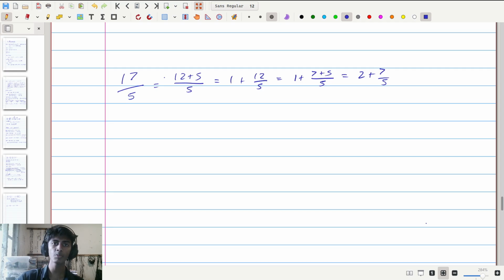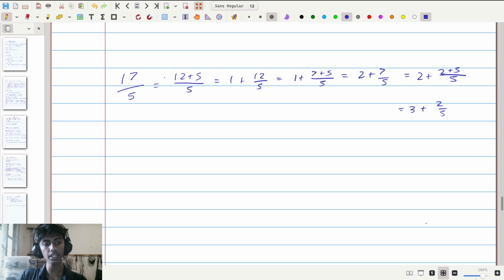Does 7 contain any more 5s? Well, yes, it does. 7 contains one more 5 and I can write that as 2 plus 5 divided by 5. Now I can take this 5 out and I have 3 plus 2 divided by 5. Does 2 contain any more 5s? No, it does not. I cannot remove any more 5s from 2, which means that we are done here.